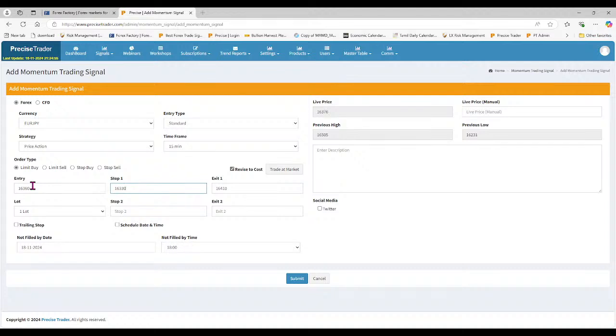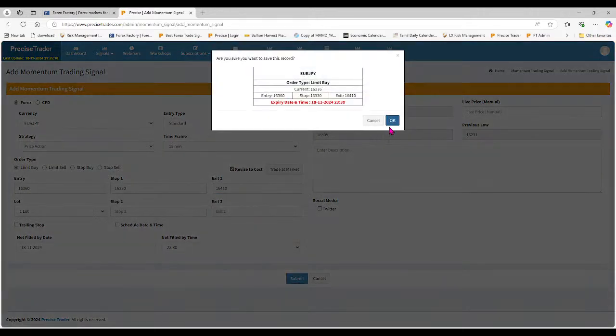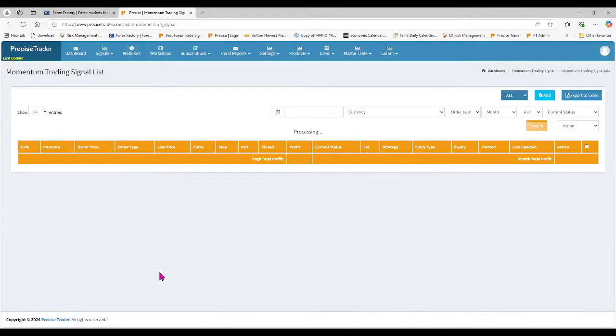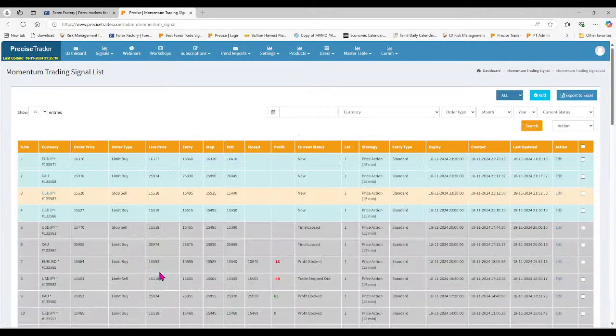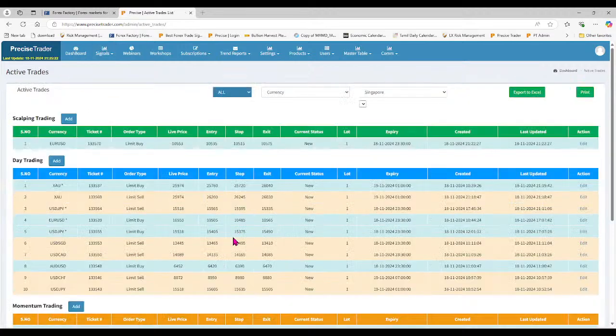Stop at 163.30 and 164.05 or 10. Okay, this is until 23:30. So I think we have more than enough orders for us to manage this.